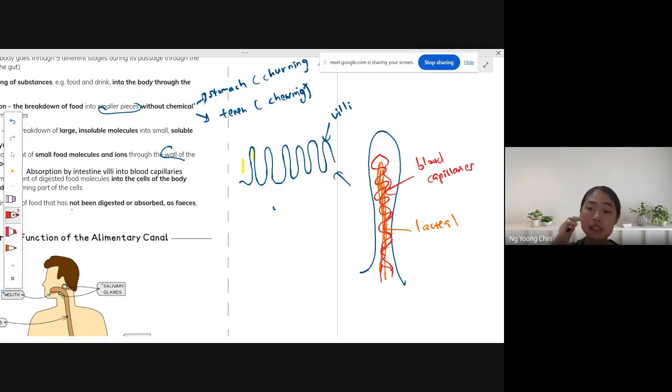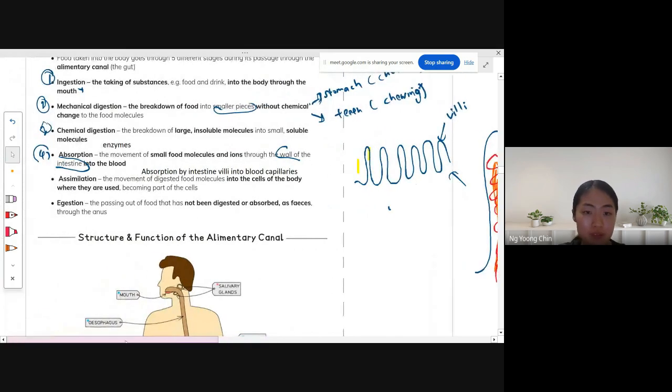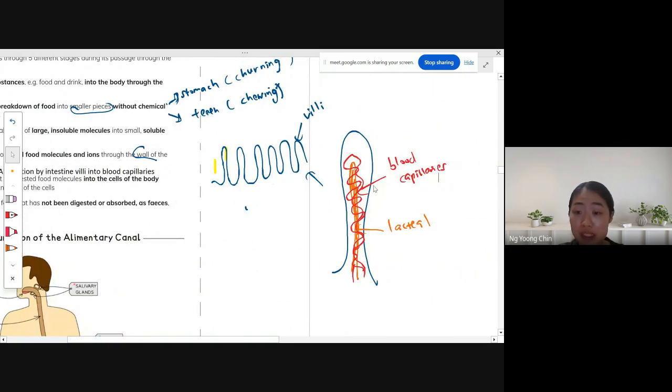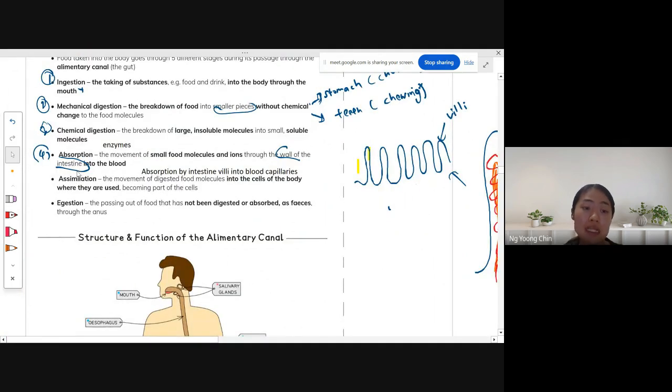Those are the blood capillaries. So that means the nutrients, which are small and soluble, will be absorbed into the blood capillaries or the lacteal found within the intestinal villi. And then the next stage will be assimilation.